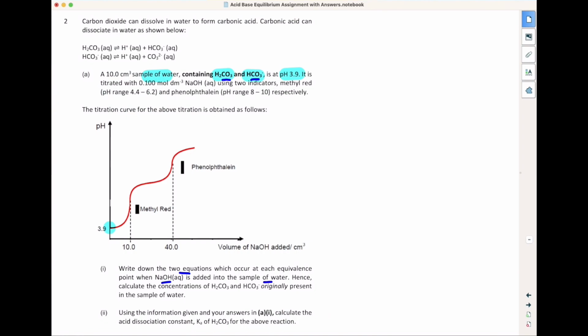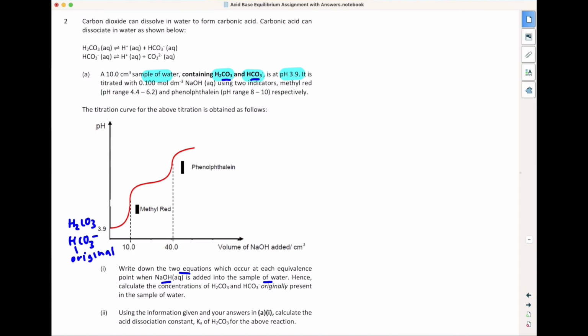So to reach the first equivalence, right? Okay, so you must understand there are a few things here. All right, so maybe I should draw it out nicely. So initially there's H2CO3 and HCO3 minus. All right. So I put this on original.